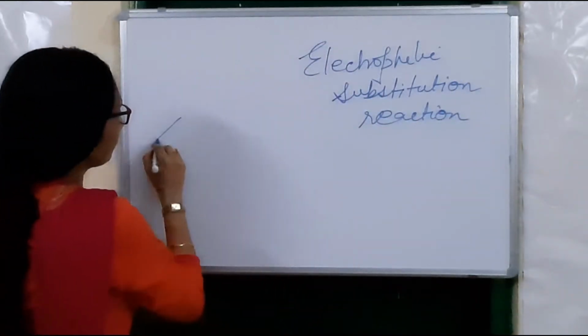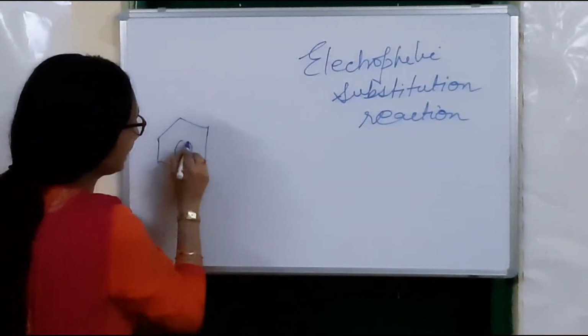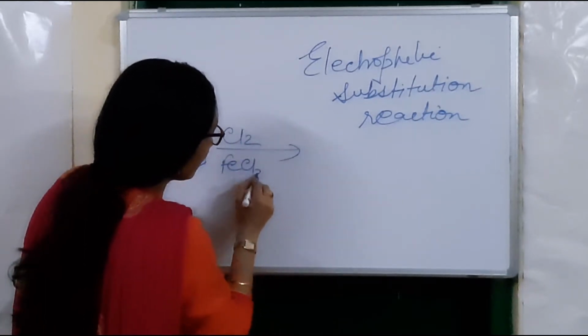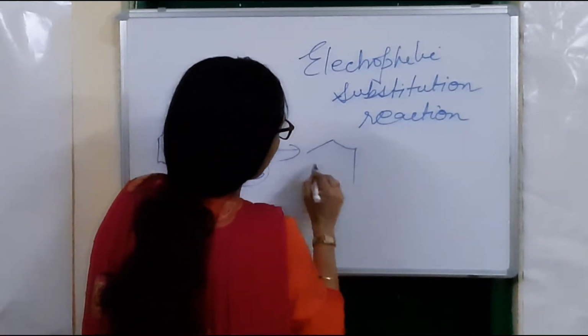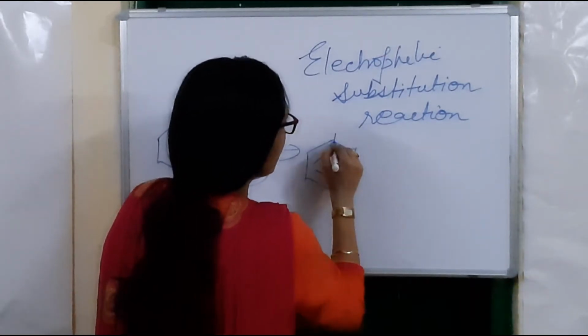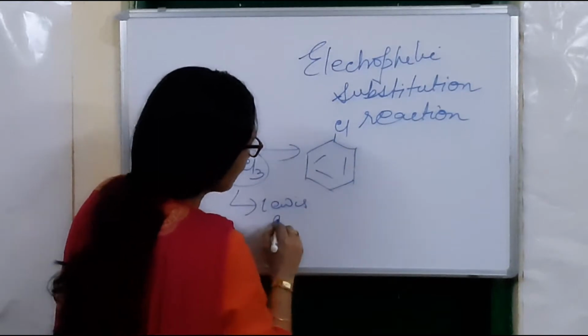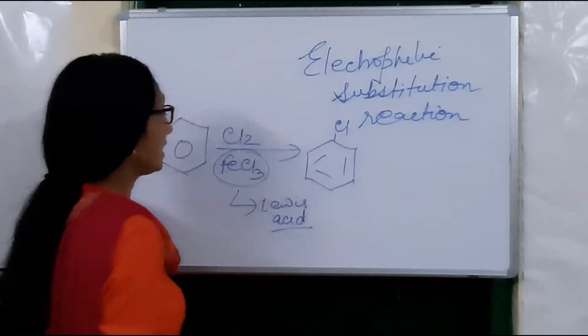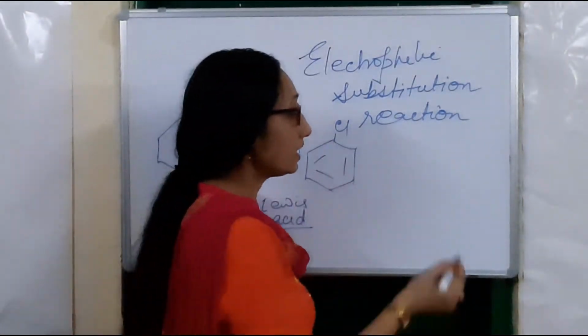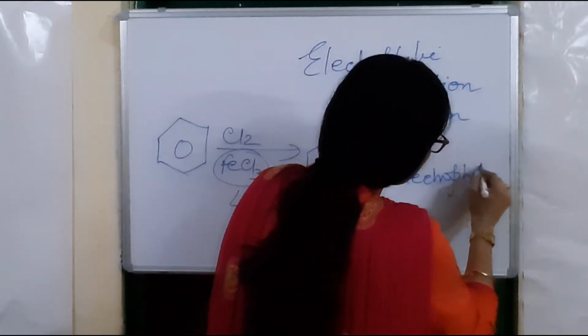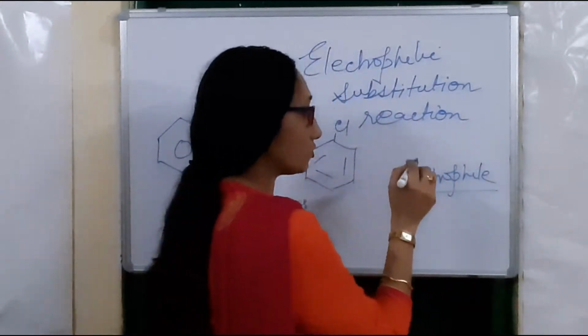Now when we are converting benzene to chlorobenzene, we are using Lewis acid. Now, what is the function of this Lewis acid? This Lewis acid helps in the generation of the electrophile required for this electrophilic substitution.